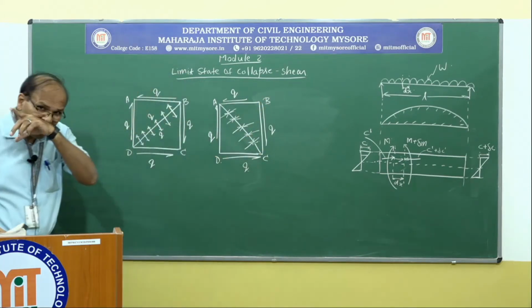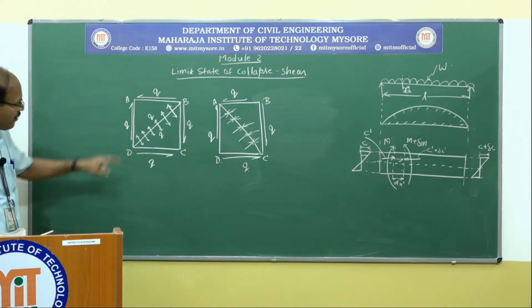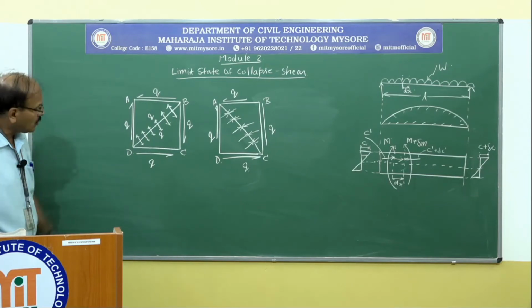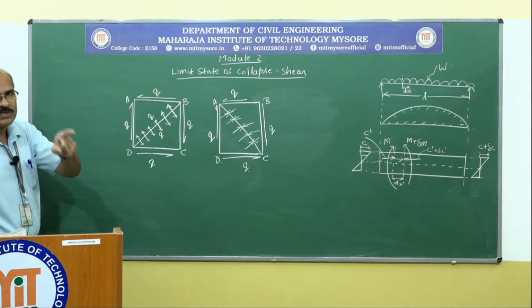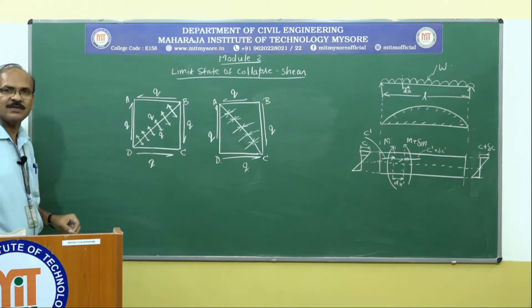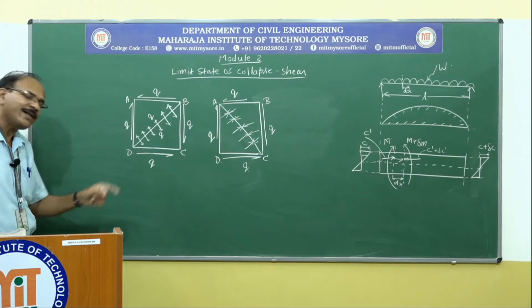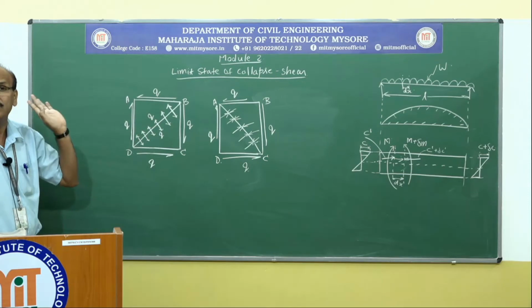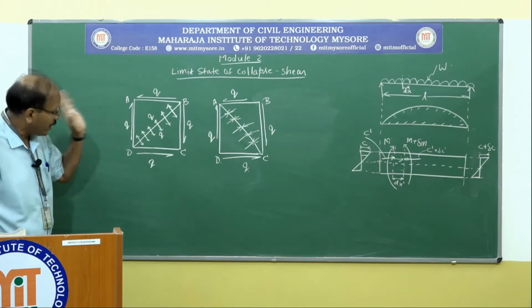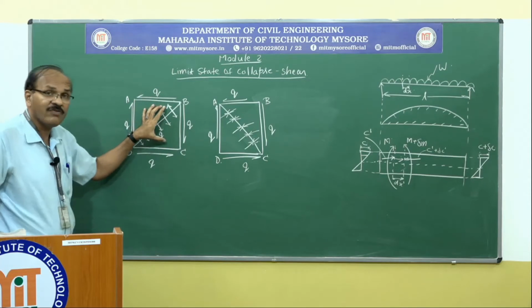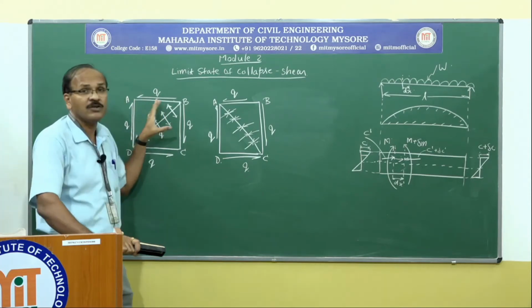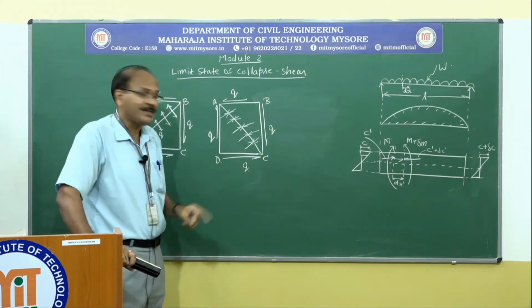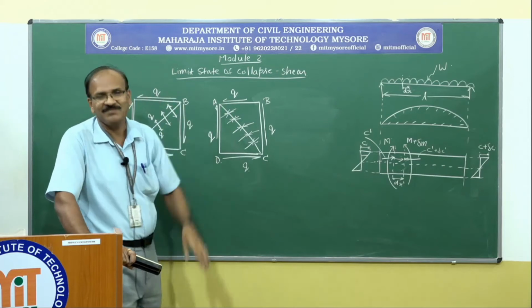Because the concrete is weak in tension, what happens? Concrete cracks. So, whenever you subject a concrete element into shear, that is going to fail due to diagonal tension. This is diagonal tension. And if you reinforce this so that it does not fail due to diagonal tension, if at all you load the beam in such a way that it should fail due to shear, then it is going to fail due to diagonal compression.